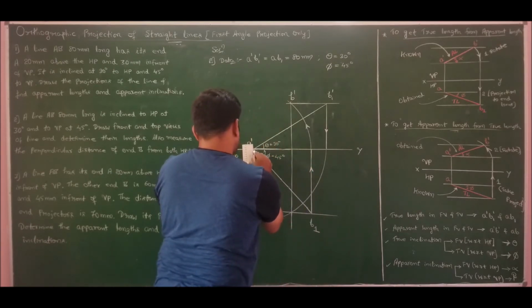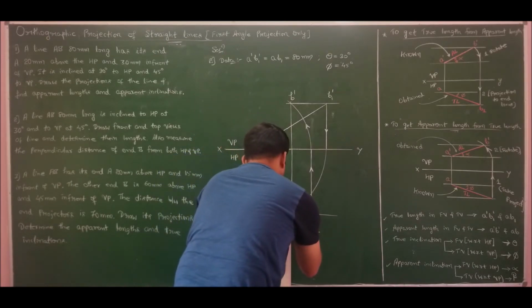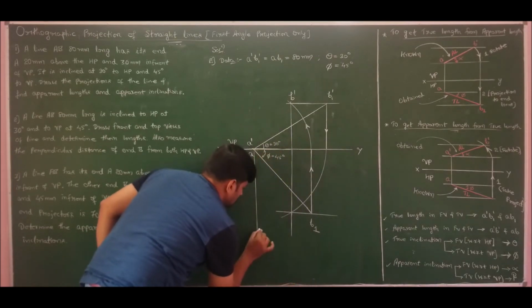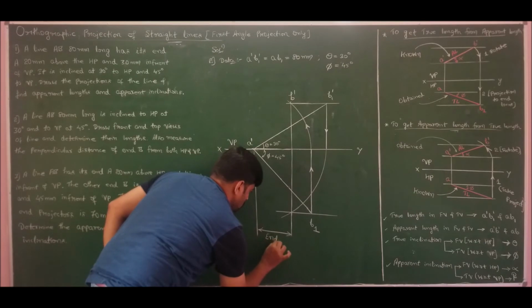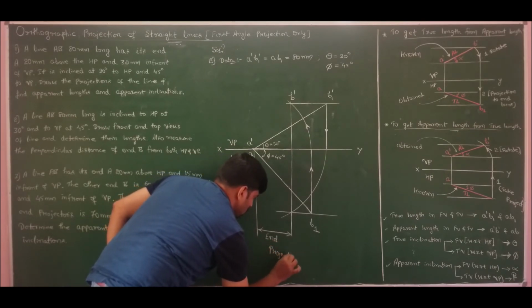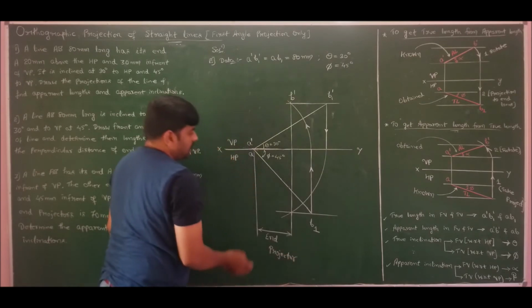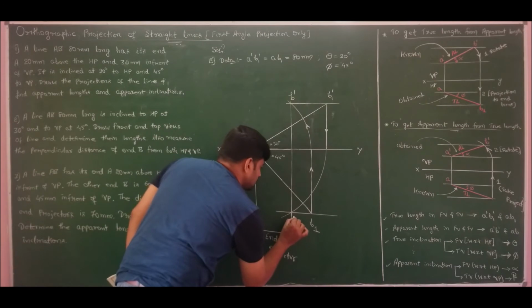So this distance is termed as end projector, which is very important. So this dimension is called as end projector. The concept of end projector holds good only for apparent lengths.